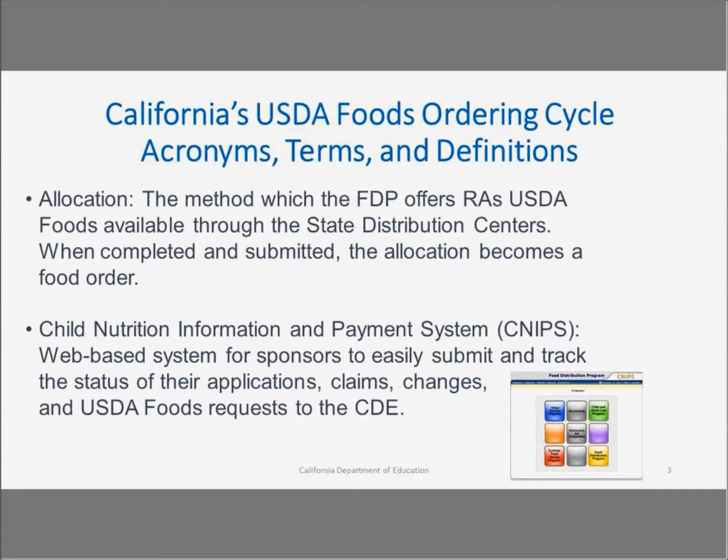An agency receiving USDA Foods through this process is considered an allocation agency. The CNIPS, which stands for the Child Nutrition Information and Payment System, is a web-based system for sponsors of federal child nutrition programs to easily submit and track the status of their applications, claims, changes, and USDA Foods requests to the CDE.